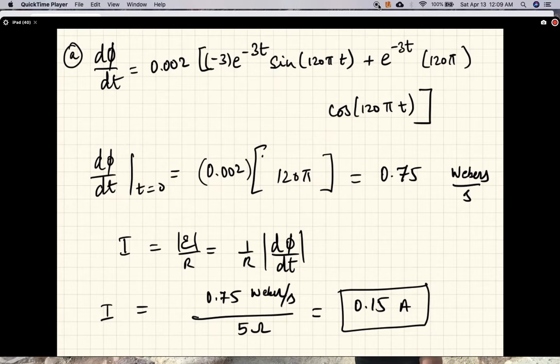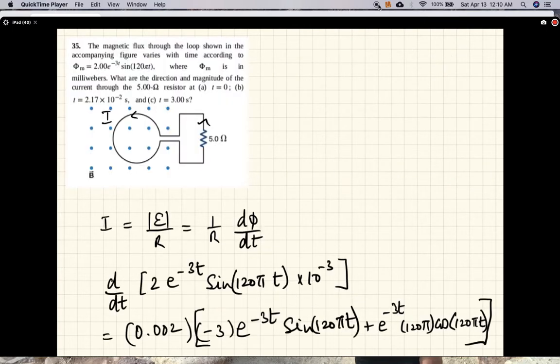I will evaluate that for one more time. This second time is essentially infinite time, and the current will go to 0, since the exponential term will kill it, and you can check that. I'll just evaluate it at this time.